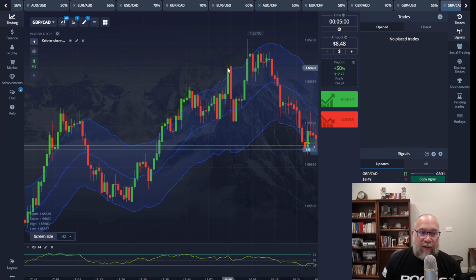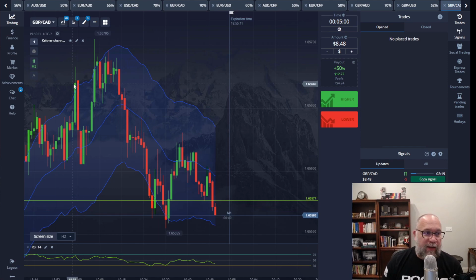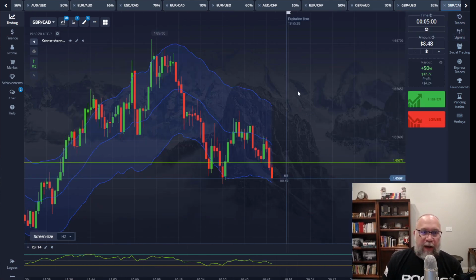This closed above the Keltner channel, and had this been above 70, according to this person's strategy, we would put in a lower for 1 minute. Each of these candlesticks is 1 minute.